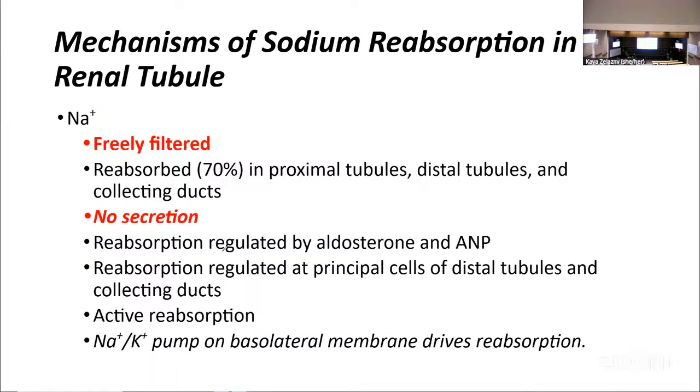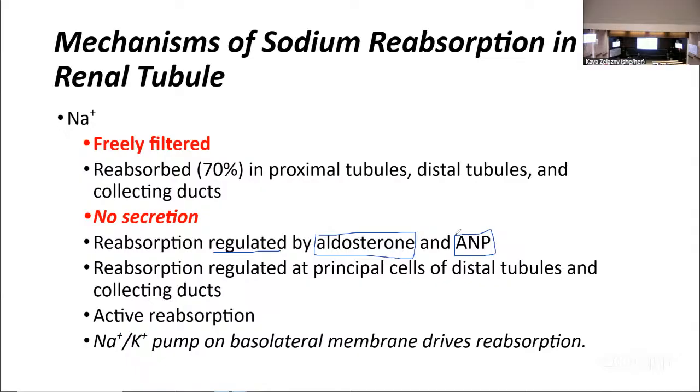So reabsorption does get regulated, right? And it's going to be regulated by these two hormones, aldosterone and ANP, or atrial natriuretic peptide. Okay. So this is going to happen in the same sorts of places where we see ADH regulating water reabsorption.